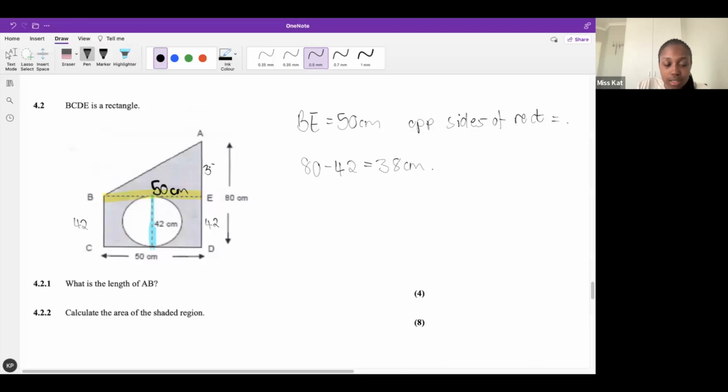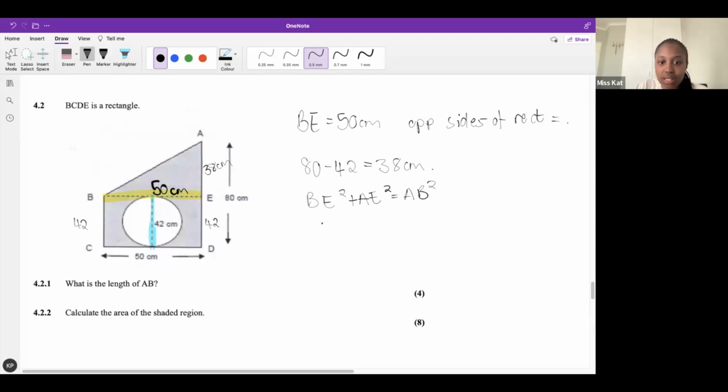This is 38. Okay, do we have enough information to find AB? There we go. Nice, Abu. We use Pythagoras. We have enough information. So Pythagoras says BE squared plus AE squared will be the side that we want, which is AB squared.